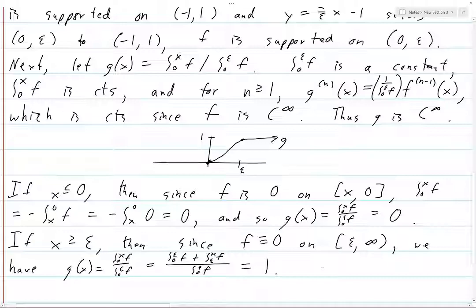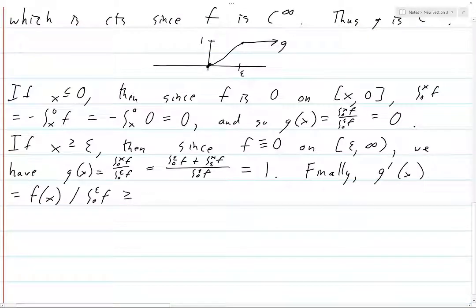And again, we're dividing by the integral from 0 to epsilon of f. Now, by construction, f is positive on the open interval from 0 to epsilon, and the denominator is just a number. Even if you're not on 0 to epsilon, this is always going to be greater than or equal to 0. So g is increasing.